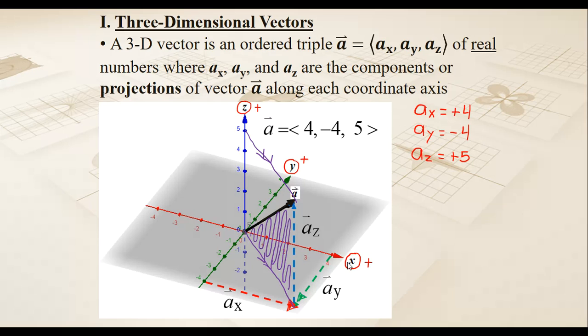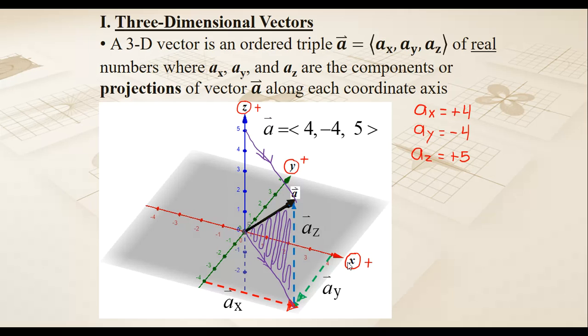So that ordered triple would be A is equal to 4, comma, -4, comma, 5. It's an interesting way of describing the vector: we simply write down the components.